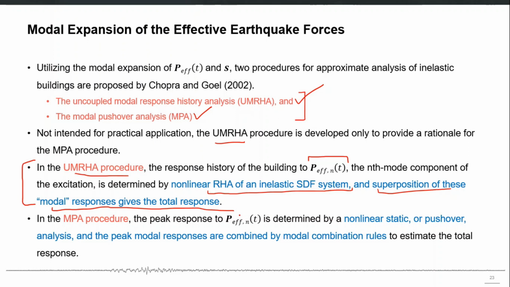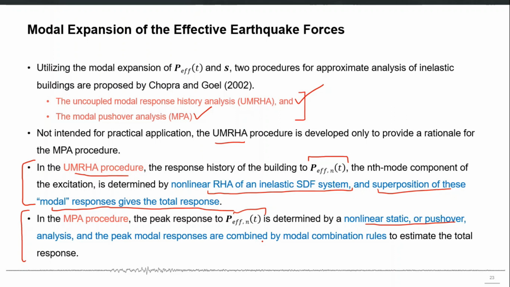The modal pushover analysis, on the other hand, is a nonlinear static procedure. It is a pushover analysis procedure, and the idea is that we directly get the peak response of the nth mode's effective earthquake forces by just pushing that building using the modal inertial load pattern of that mode only.